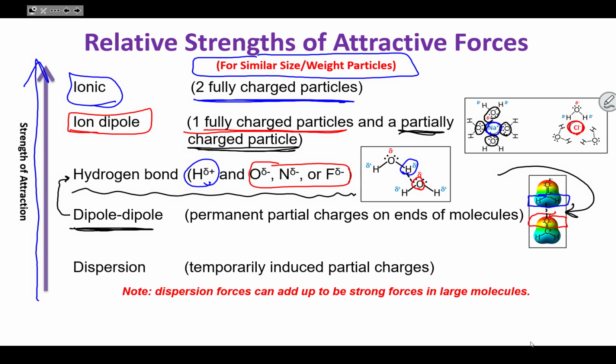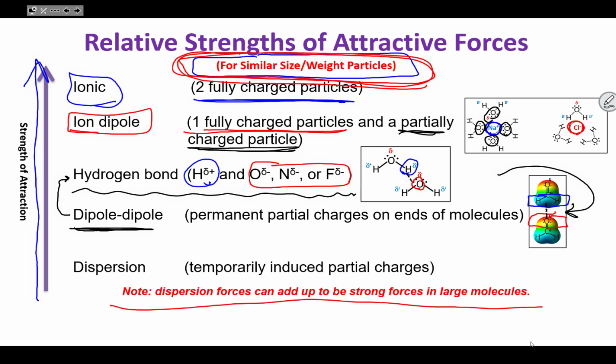Last on the list, and again, I can't say this enough, we're comparing similar sized weight particles, because to compare these, we need dispersion forces to be the same. Sometimes dispersion forces can add up to be strong forces in large molecules. So to compare apples to apples, these have to be similar sized weight, electron number molecules.